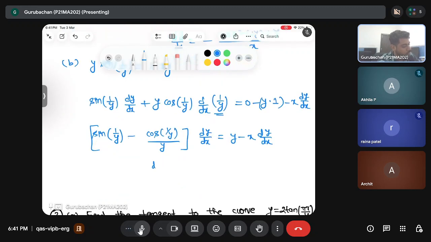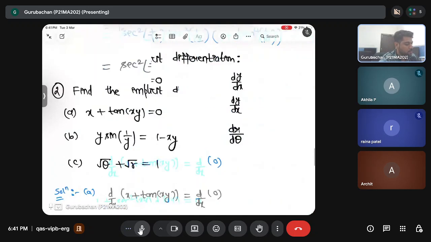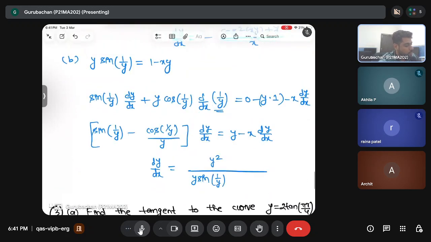So this will be dy by dx, y square divided by, from here you will get y sine, just a second, sine plus xy, and the negative sign cos of 1 by y.